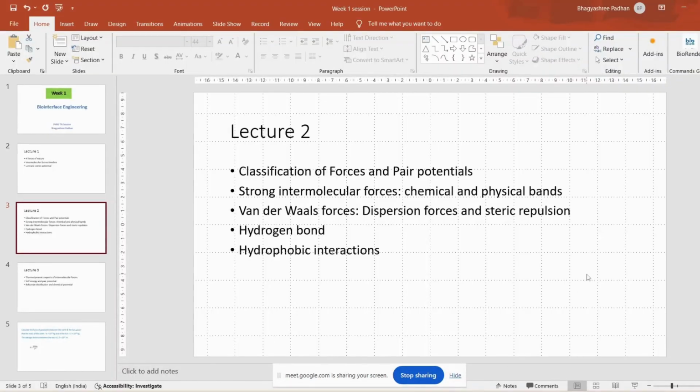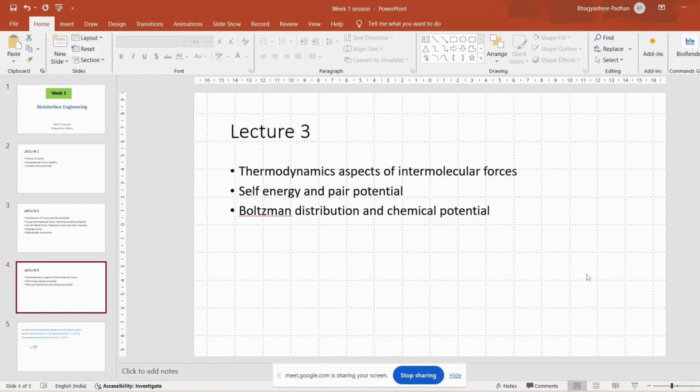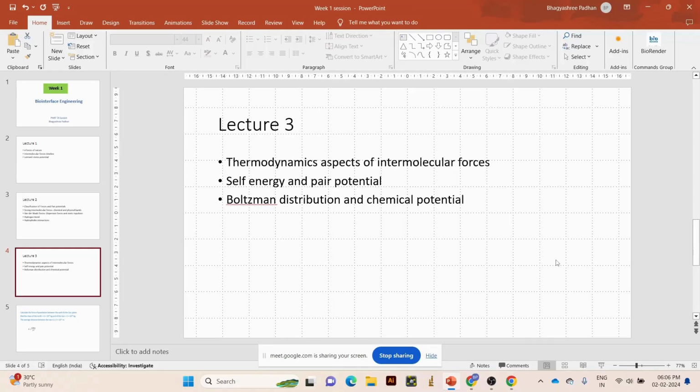The second lecture was about classification of forces and pair potential, strong intermolecular forces, chemical and physical bonds, van der Waals forces, dispersion forces and steric repulsion, hydrogen bond, and hydrophobic interactions. The third lecture was about thermodynamic aspects of intermolecular forces, self energy and pair potential, and Boltzmann distribution and chemical potential. Submitted week 1 assignment.